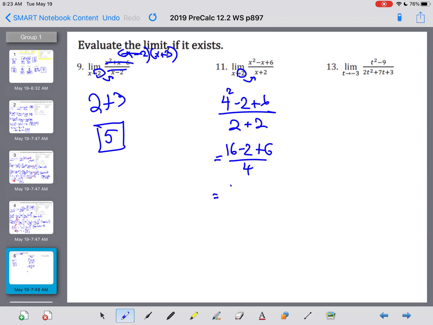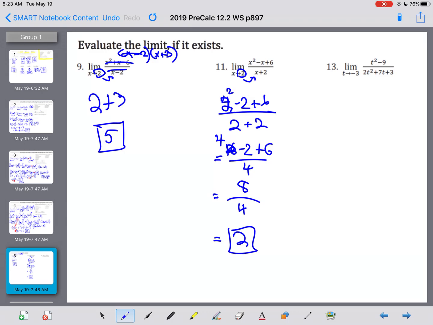Here I get 20 divided by 4. Oh, this is a 2. What the heck? So this is going to be 8 over 4, which equals 2. So, okay, sorry about that.